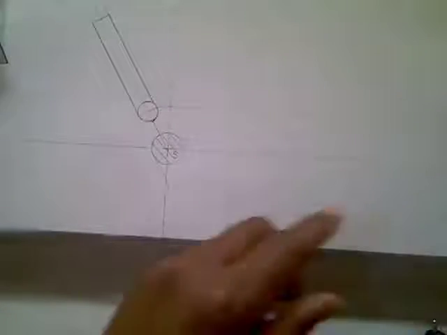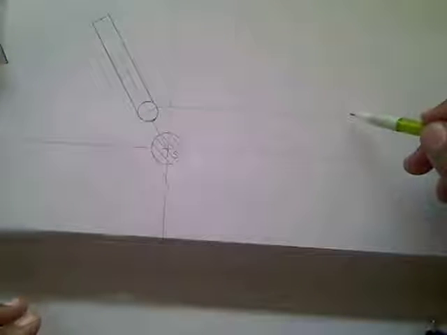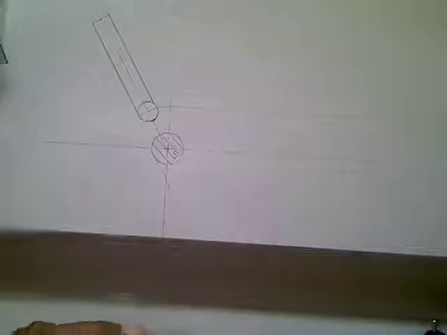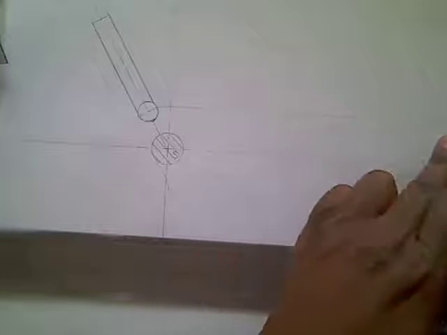It means the spacing between these two lines is 8 millimeters. We will do that. Probably we will start somewhere around here, and then we'll make our 12 divisions of 8 millimeters.